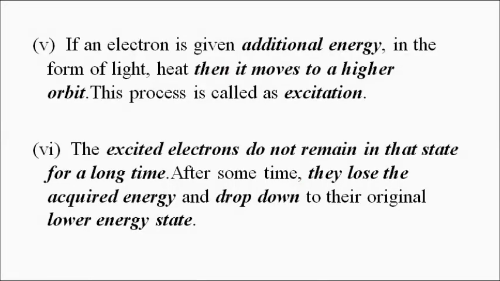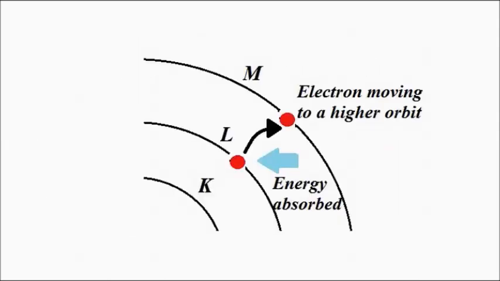An extra thing which was given is that if any of these electrons is given some extra amount of energy from an outside source, then it can move to a higher orbit. So if an electron revolving in a particular orbit is given some extra energy, it will absorb that energy and move to a higher orbit.